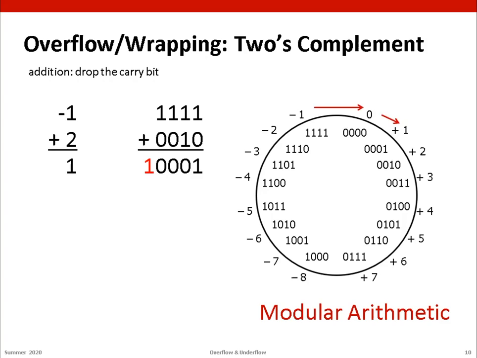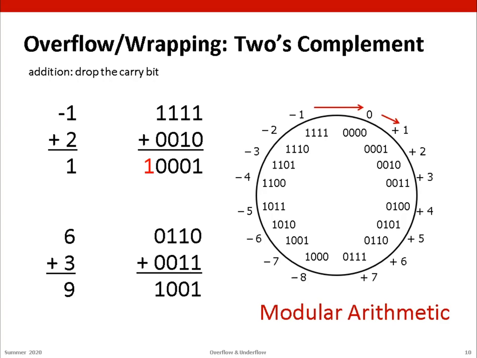And similarly, 6 plus 3 gives us 9, but because the maximum value that we can represent in 4-bit 2's complement is 7, anything above that gets wrapped around, right? And we get -7. So this is how overflow and underflow occurs.